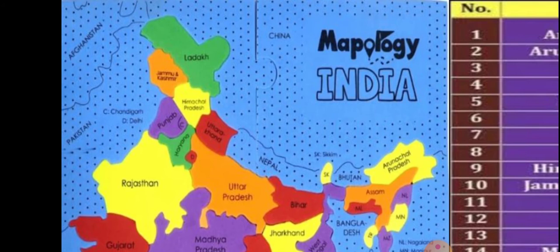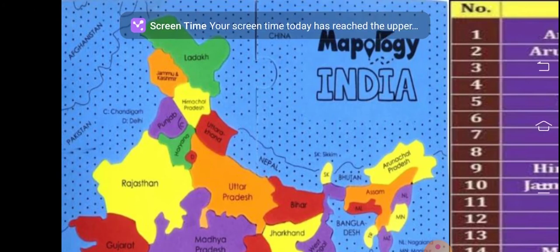Recently, Jammu Kashmir was divided into two union territories, Jammu and Ladakh.